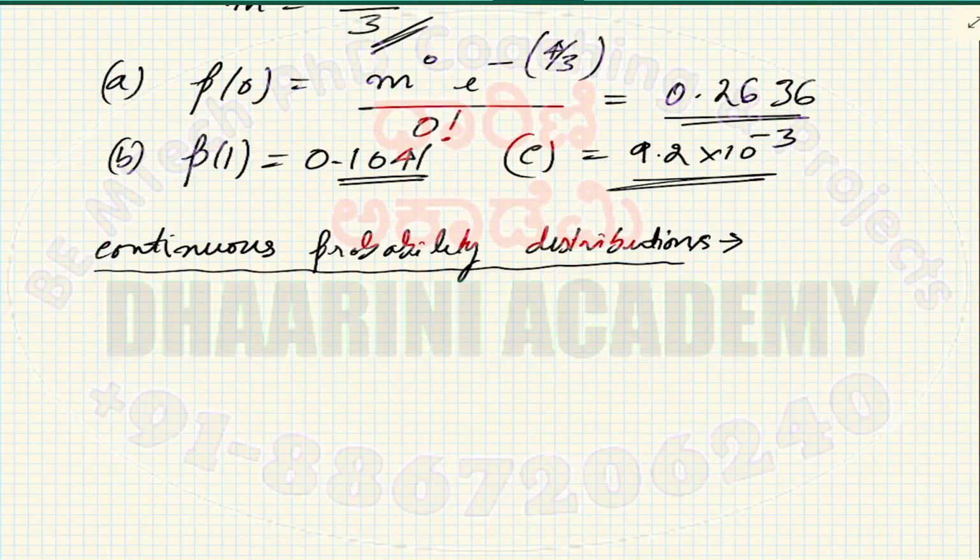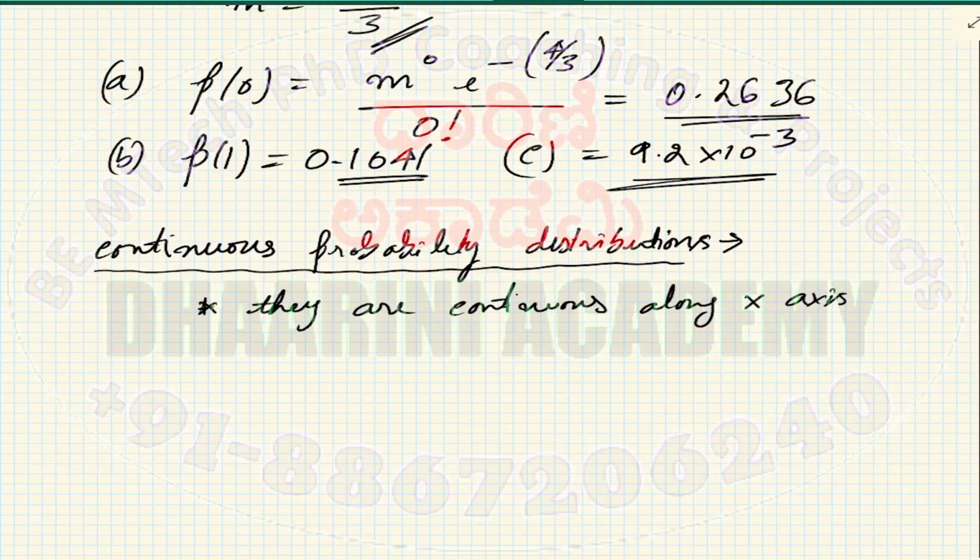Now, in these distributions, the very basic point is that they are continuous along the x axis. For every value of x you have a probability. For each and every value of x you get one probability value.